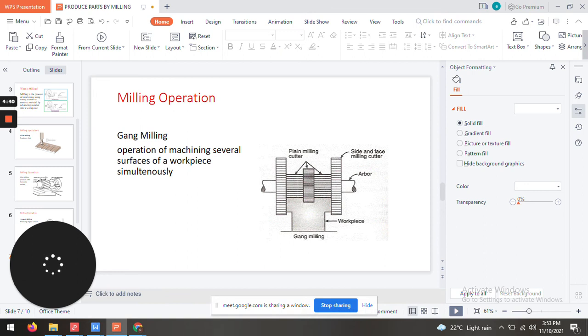We have three cutters. We have the plane cutter on the middle. On your left and right side, you have the side cutters and the workpiece below. So you can machine two sides or three sides simultaneously.